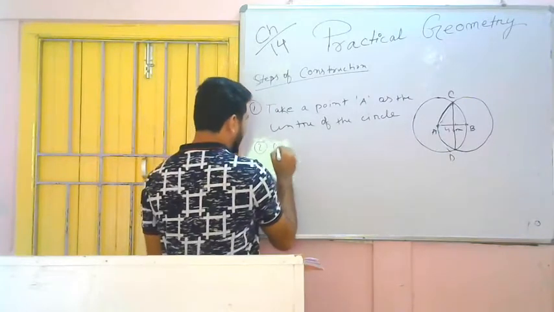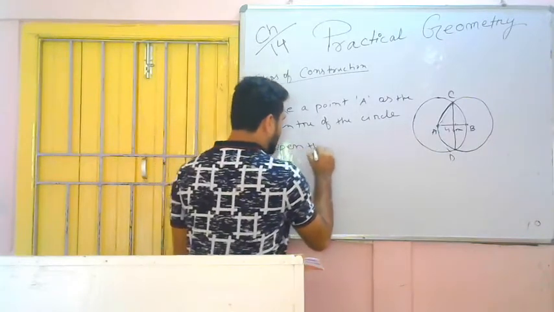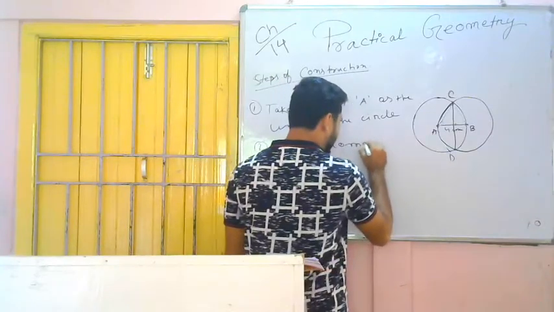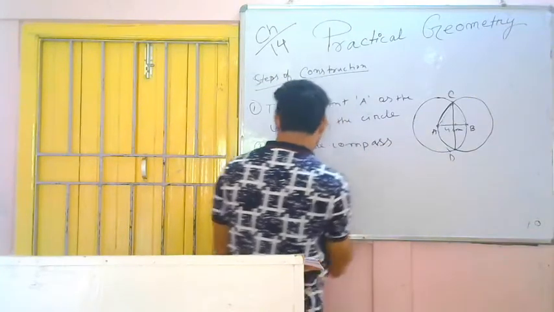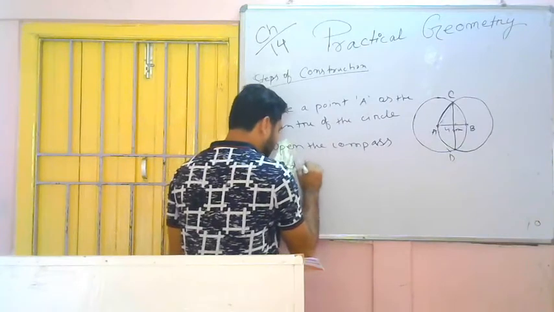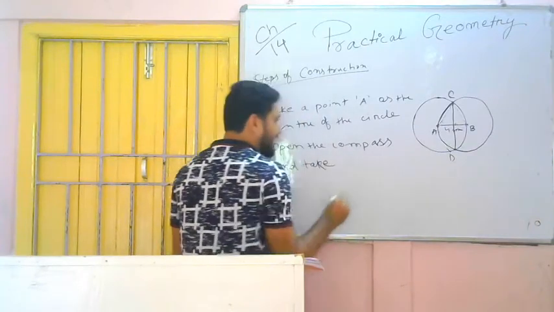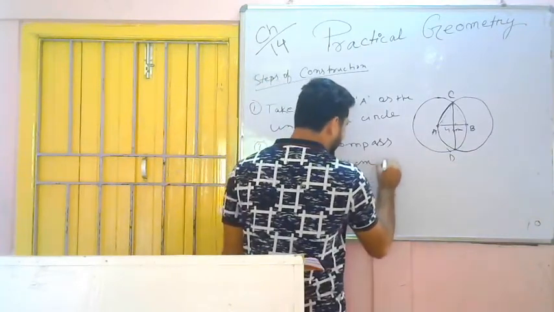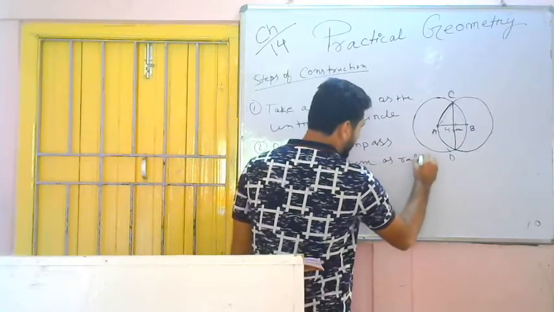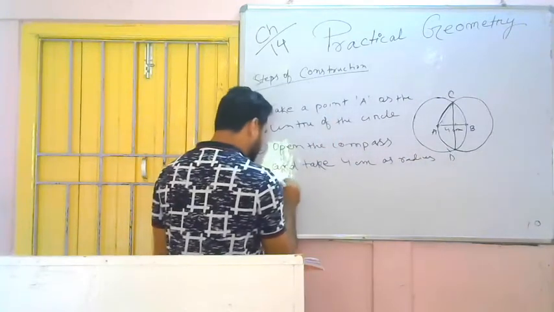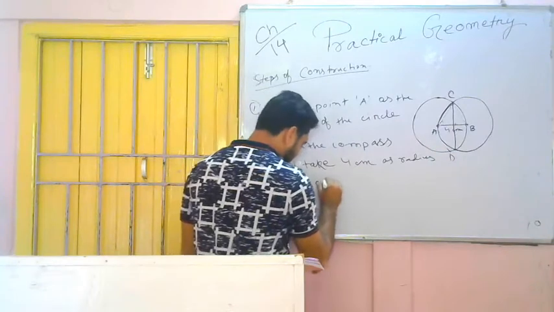Number 2: open the compass and take 4 centimeter as the radius of the circle.